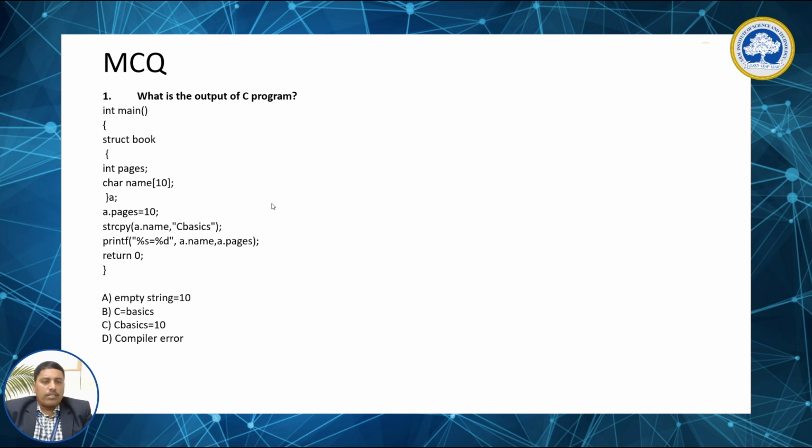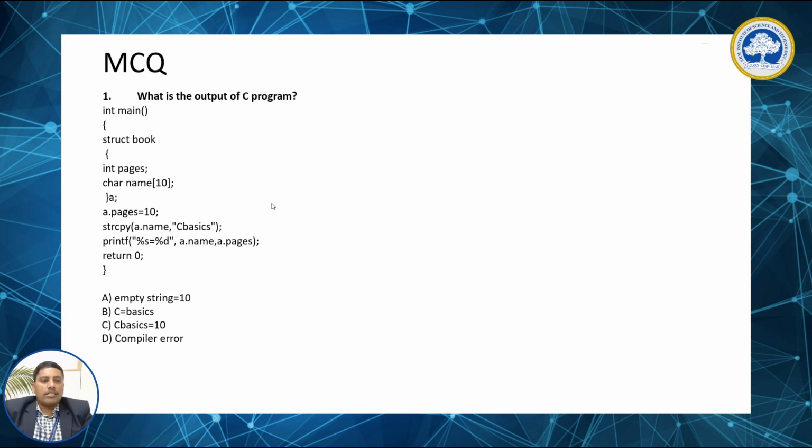Based on this session, I created a few MCQs. The very first MCQ: what is the output of this C program? Here I created a structure named book, which contains members pages and the name of the book, which is a character array.